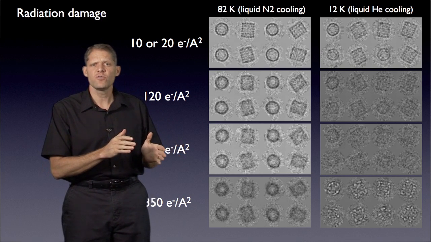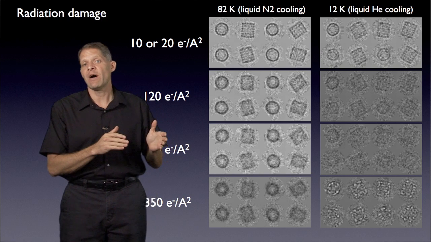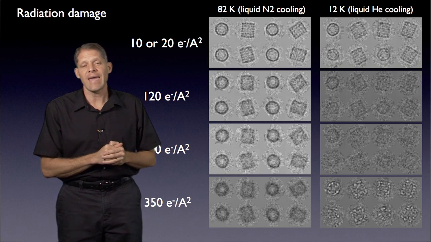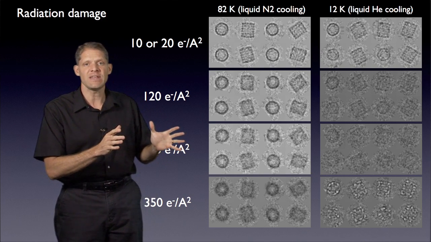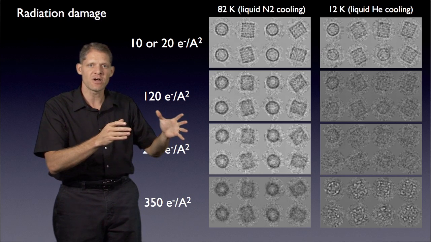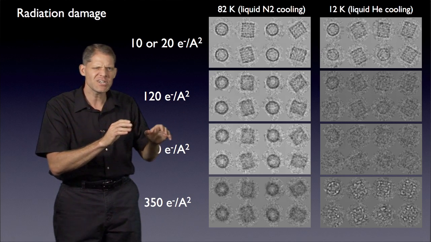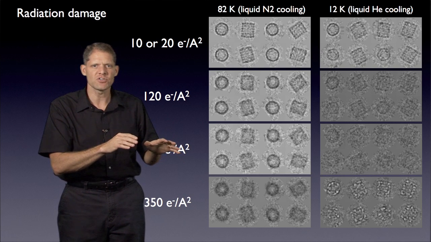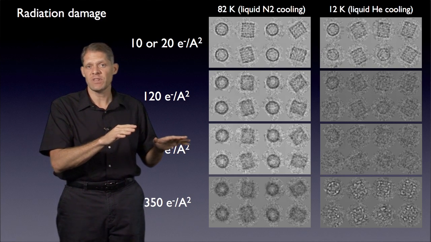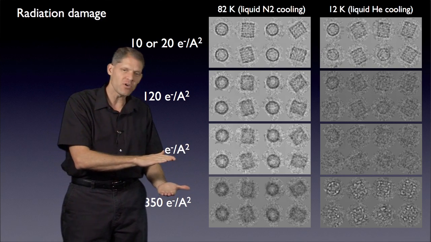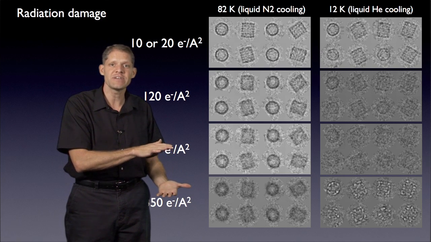But if you further cool the sample below about 40 Kelvin and then begin to illuminate the sample so that the incoming electrons give the water molecules just enough energy to rearrange, they will rearrange, and what they do is collapse into a more dense vitreous state.